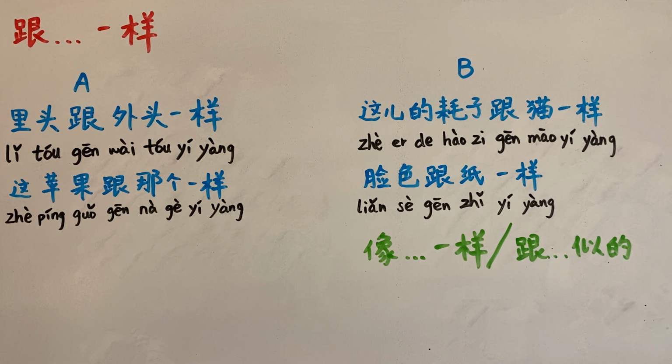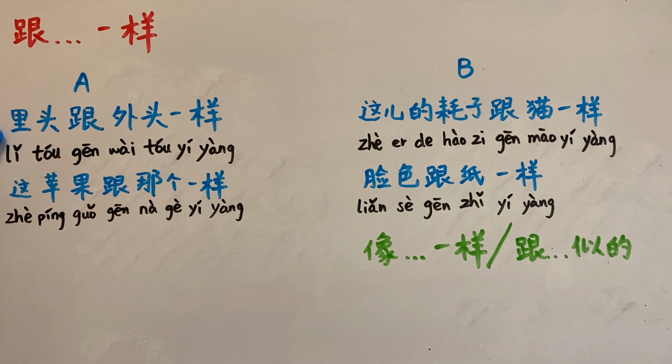Using this first type, we have talked about those kind of verb phrases or predicate components that can be used with the combination of this 跟, the first type, that is symmetry component. So as we can see here, there are two groups of sentences we have here that use those symmetry component, 跟一样.